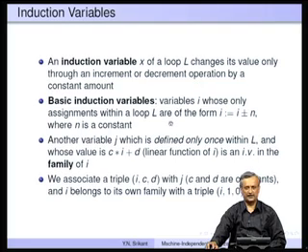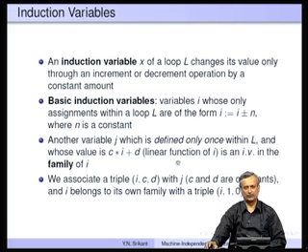So, there are basic induction variables which have the form I = I ± n, where n is a constant. Then there are derived induction variables such as j, which have the form c * I + d, and they are defined only once within the loop. So, c and d are constants, essentially linear functions.